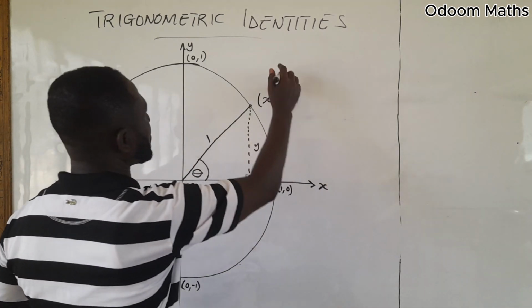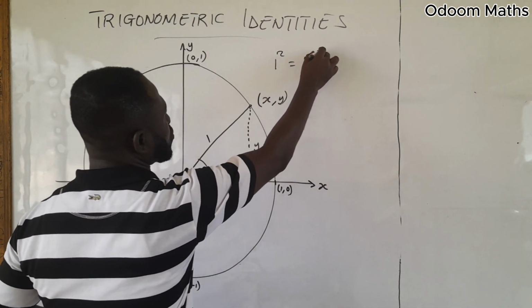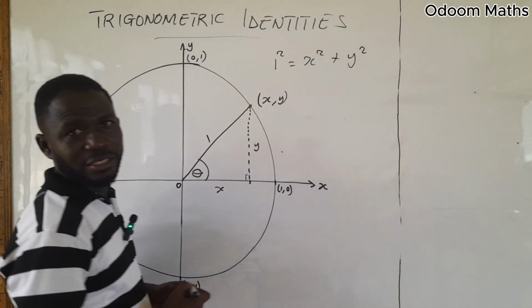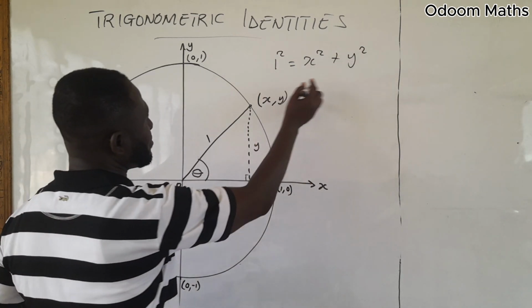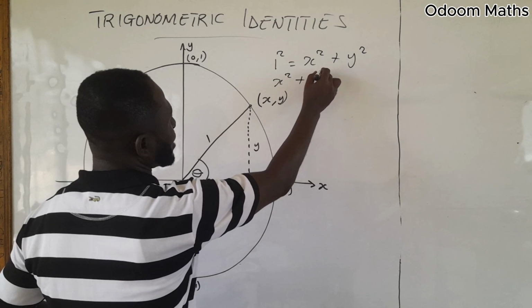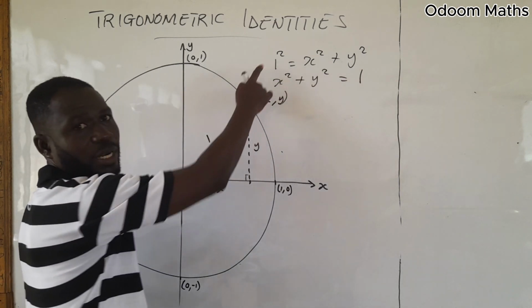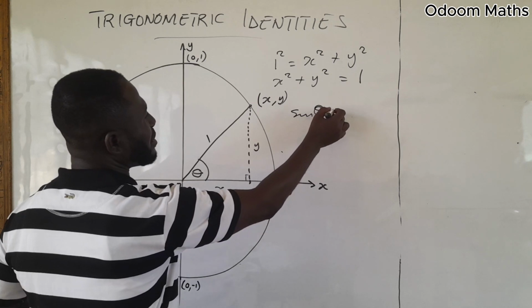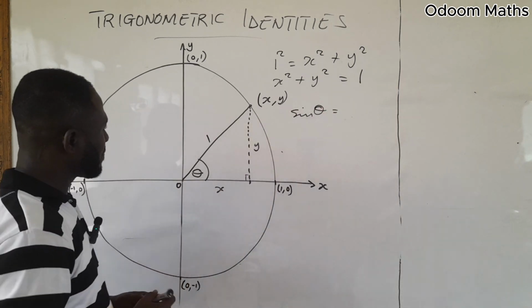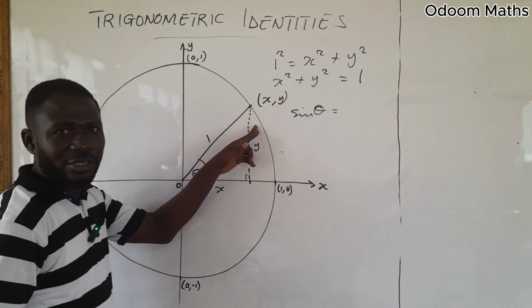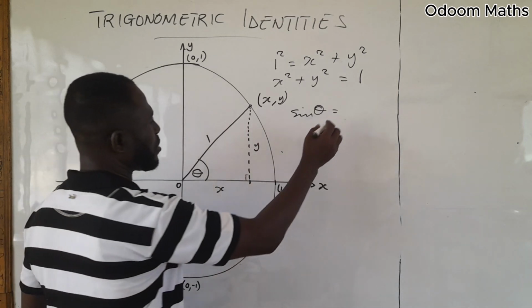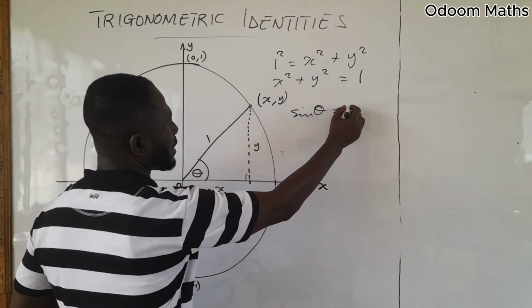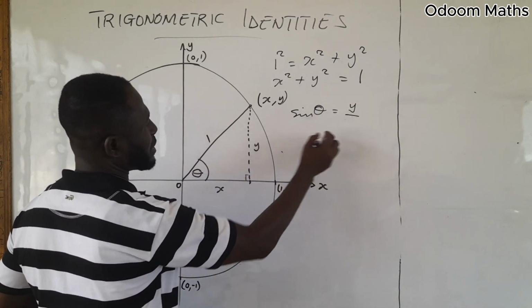So I can say 1 squared is equal to x squared plus y squared, which becomes x squared plus y squared equals 1, because 1 squared is 1. Now our sine theta. Sine is opposite over hypotenuse, which is y over 1.